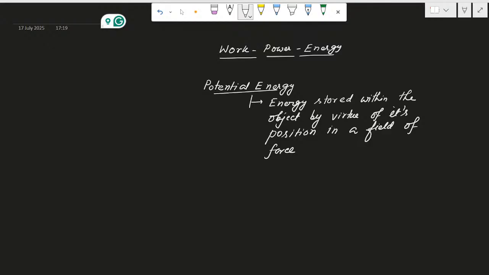So in a field of force or by its configuration. Therefore it is clearly understood that it is not only about the position.